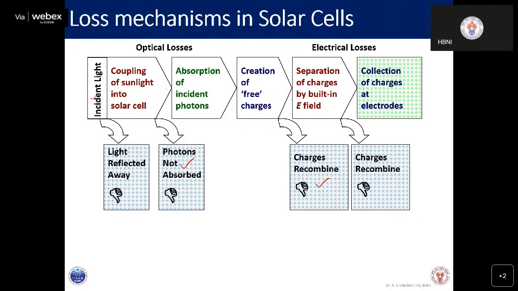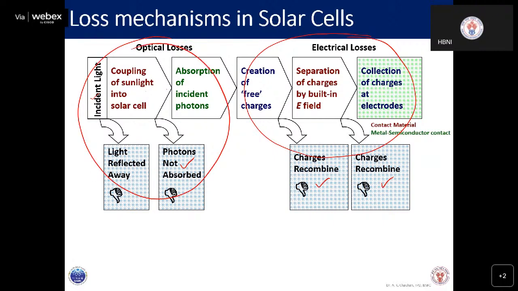They can recombine with certain traps also. There are some other recombination centers available in the crystals, different kinds of recombination centers. So they should not recombine there also. If they do not recombine, then they will reach the electrodes. These losses here are electrical losses.